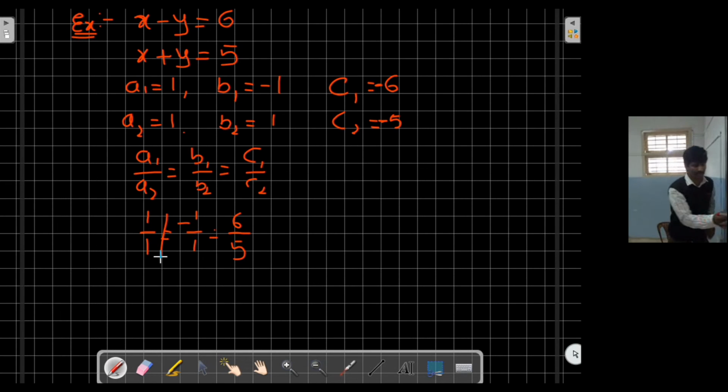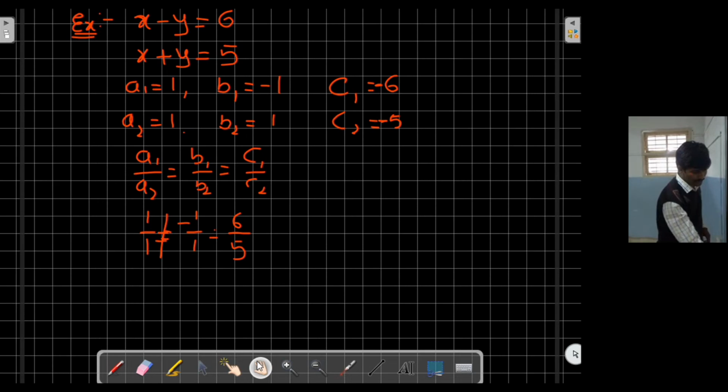These two are not equal, which means which type of graph will you get? Intersecting lines. Two lines intersecting each other. We will plot a graph for this one. Intersecting lines means how many solutions? One solution. Yes or no? One solution.